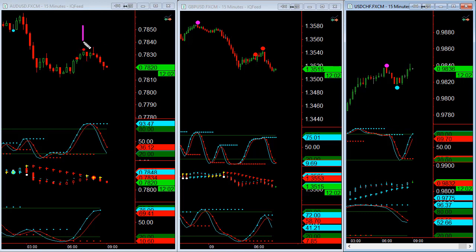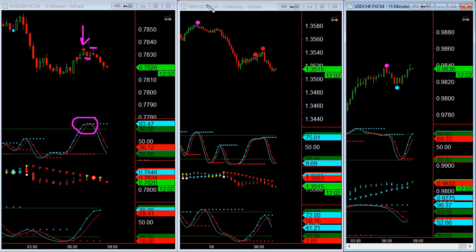So in this case, you see we have the dot here. We're also overbought on the stochastics, both really good indications, and you are not overextended to the downside on the 30-minute chart. Now, you did have a reversal bar here, and you also had a reversal bar here. You could have taken either one.